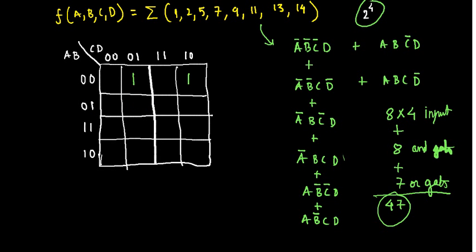Then 5, 4, 5, 6, 7, 9, 8, 9, 10, 11. Then 13 and 14, 12, 13, 14. Anyone who didn't get this? Is it okay?